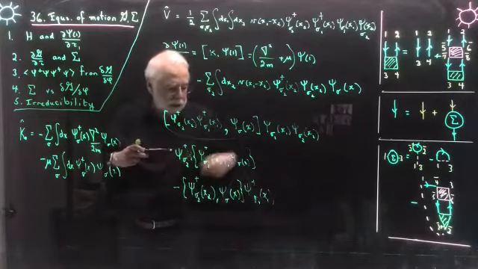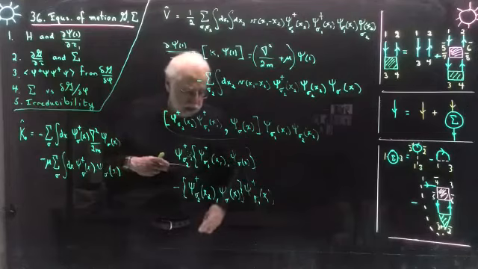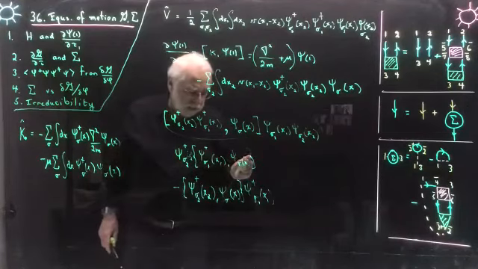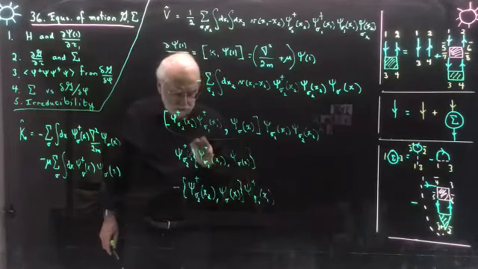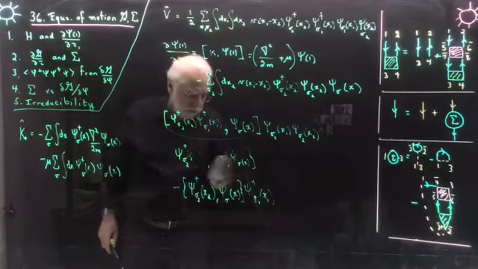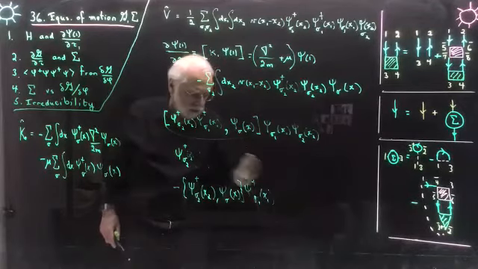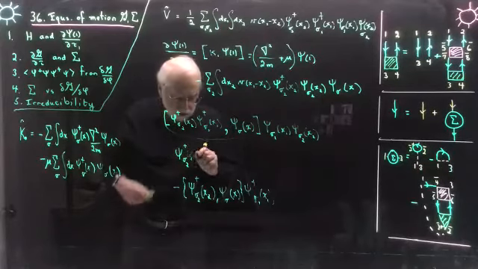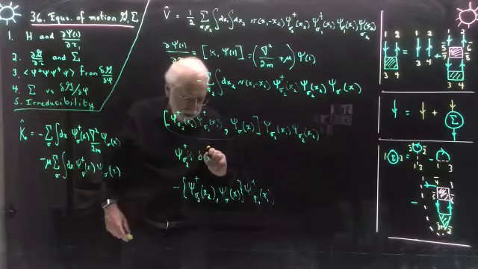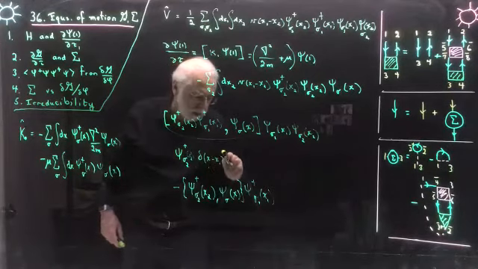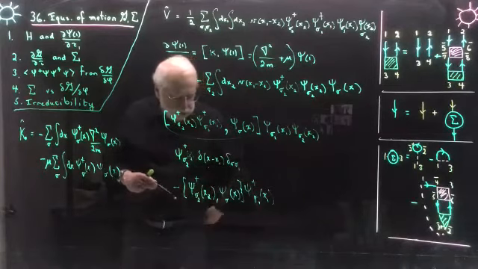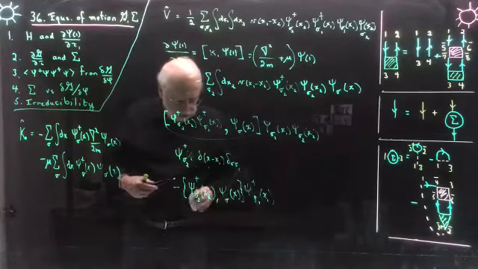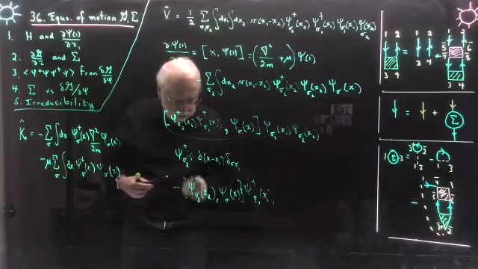Okay, so now I'm using the rule for the anti-commutators. So this is delta of x minus x1, delta sigma sigma 1. And this one is just delta of x minus x2, delta sigma sigma 2.